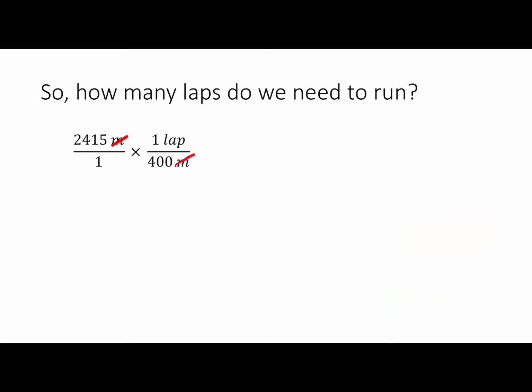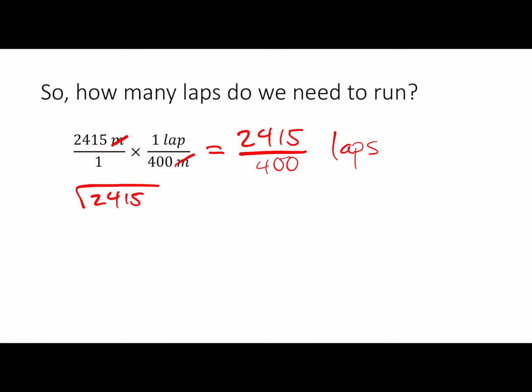In this case, for each lap, there is 400 meters. The meters cancel, and we're left with 2,415 times 1 up top, and 1 times 400 on the bottom, and that's our laps.